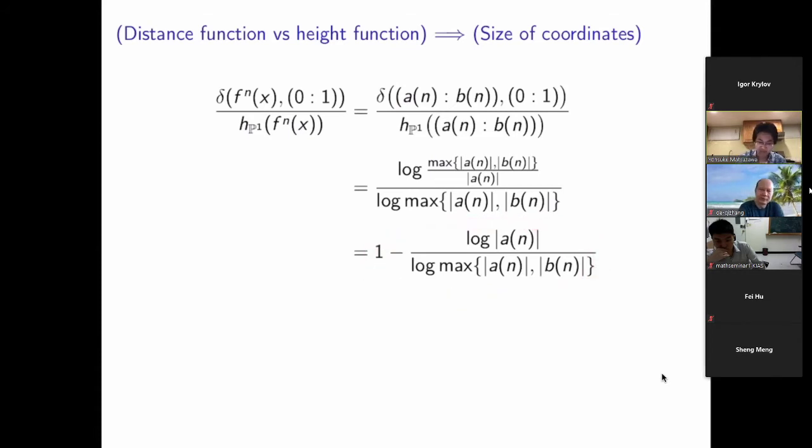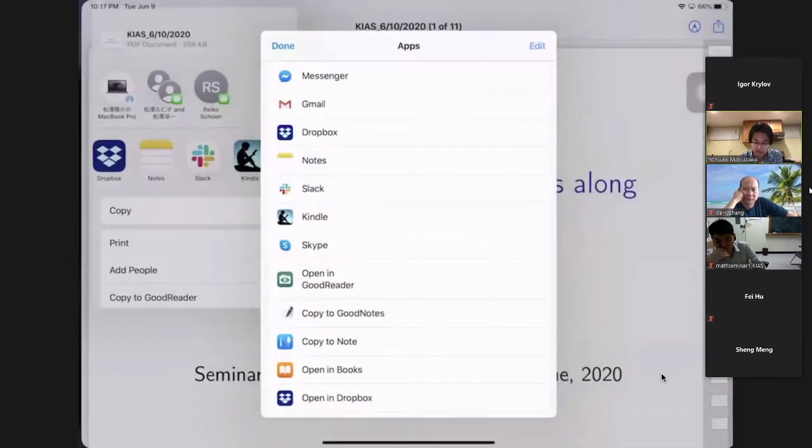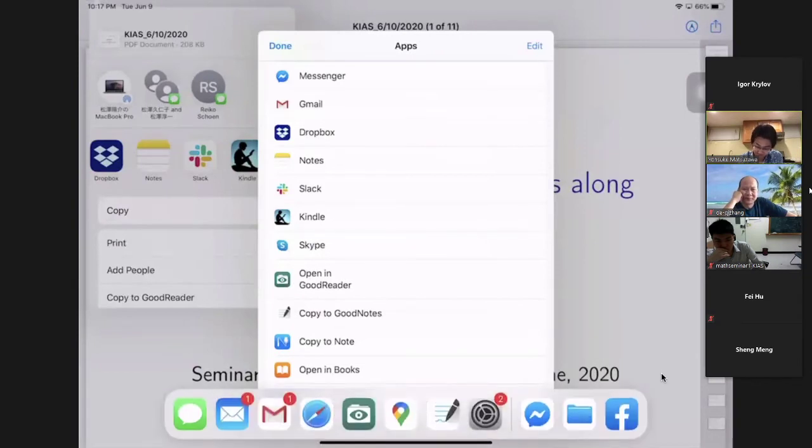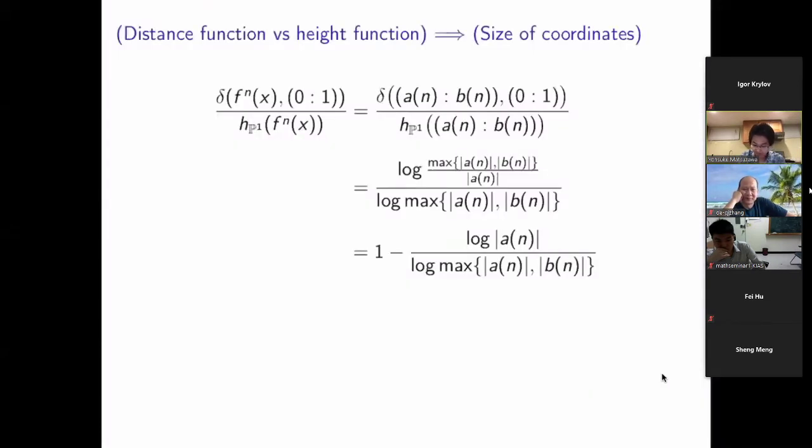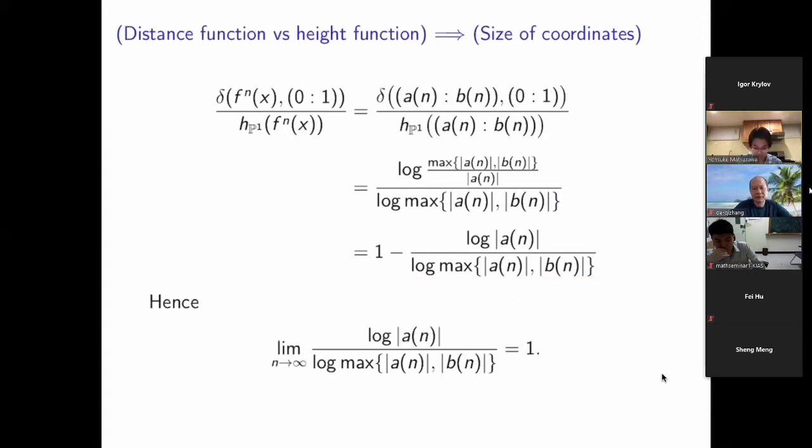The second theorem says this goes to 0 with some exceptions. So this goes to 0, which means this part goes to 1. So the conclusion is the limit of this ratio goes to 1.